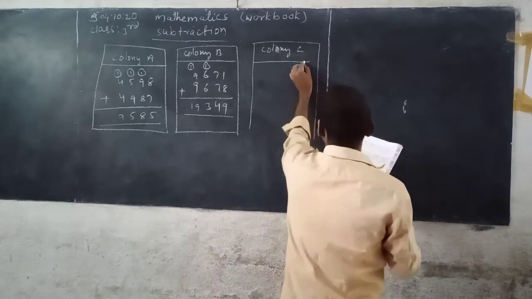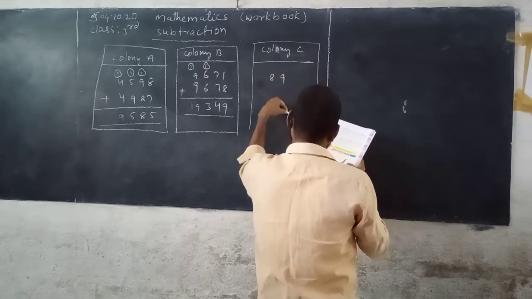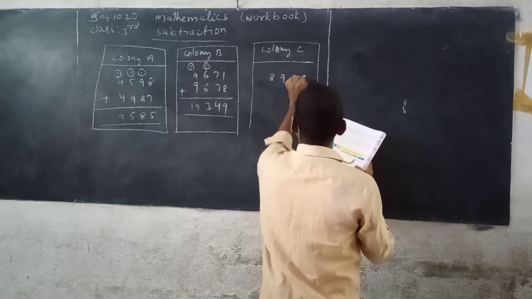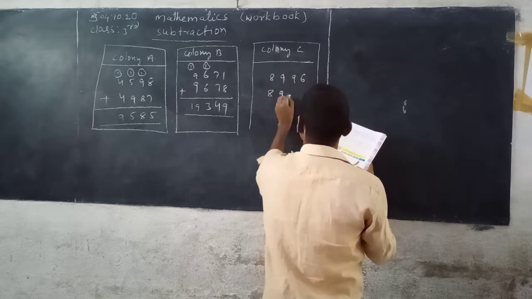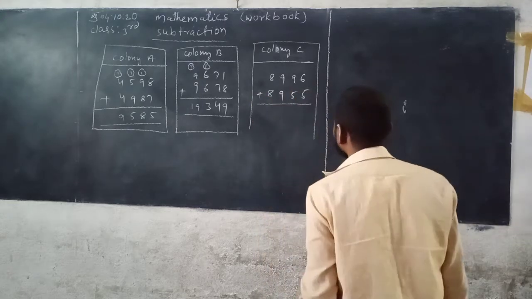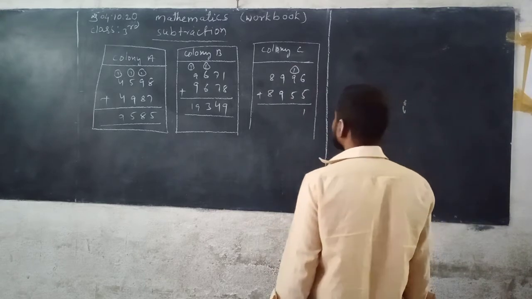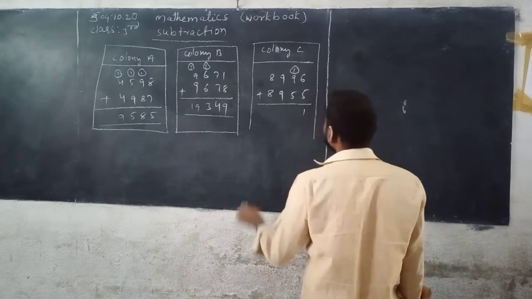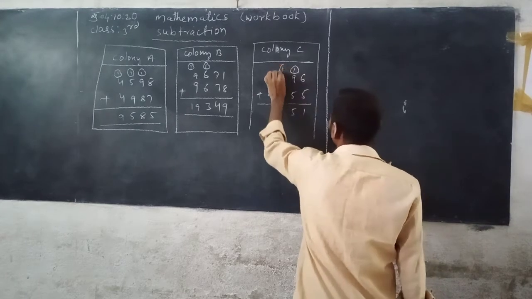Next colony C. Number of men 8,996, number of women 8,955. First we add the digits in ones place. 6 plus 5, 11. 1 taking, 1 is carried to the tens place. Next add the digits in tens place, that is 1 plus 9, 10, 10 plus 5, 15. 5 taking, 1 carried over to the hundreds place.